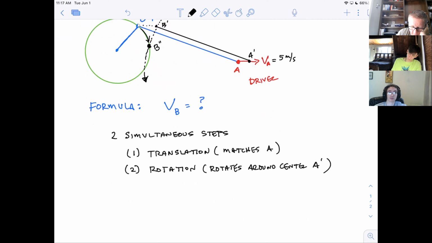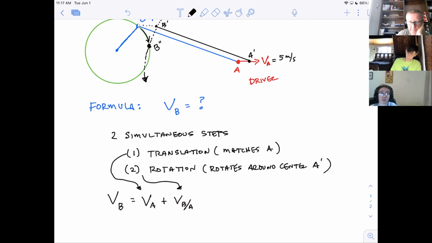So what's the formula then? Well, how can the velocity of B be found? First, you just say it's the velocity of A. So whatever A is, that's what B is going to be as well. That's the translation part. But secondly, you have the velocity of B with respect to A. So that is the translation.